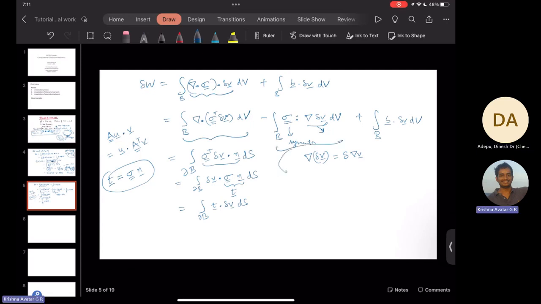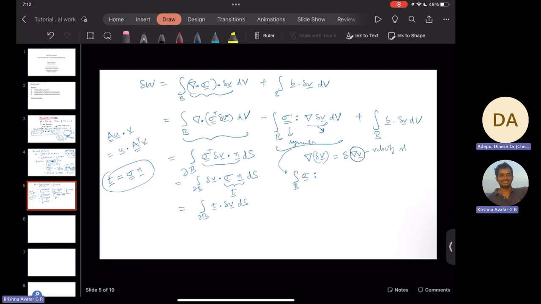So this term becomes B and sigma, and you also recall that the gradient of V is known as the velocity gradient, and it gives us the strain rate tensor, D plus D transpose, something like that.